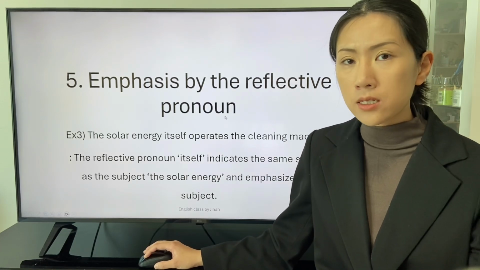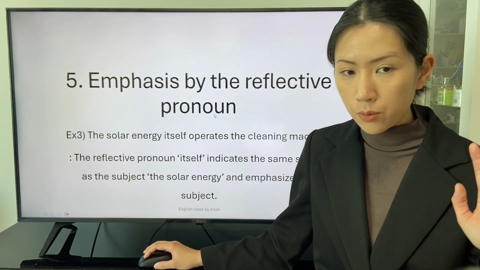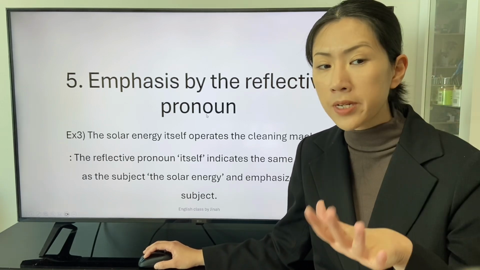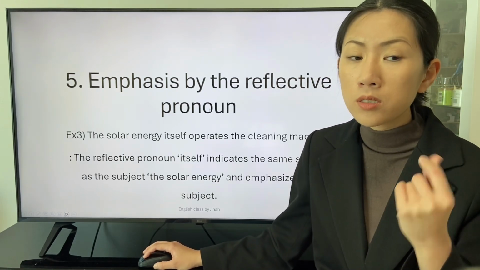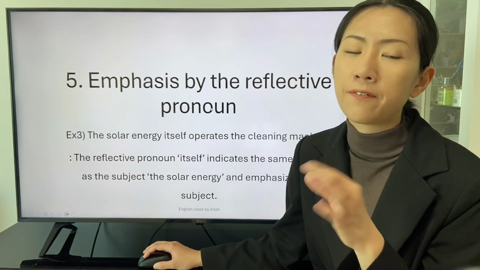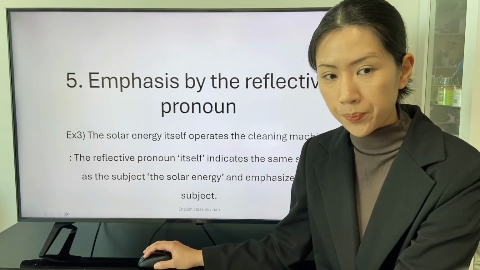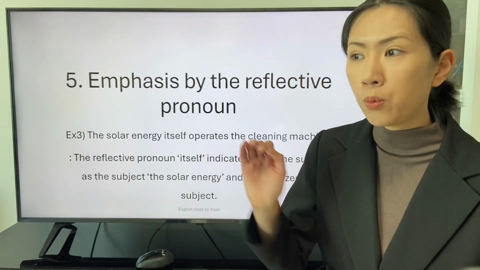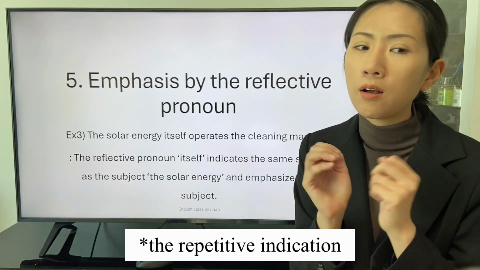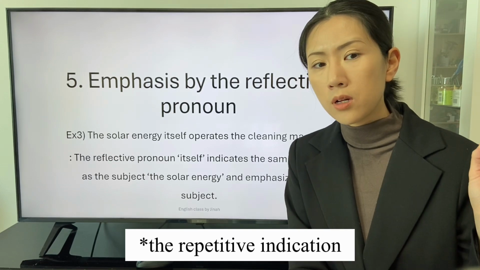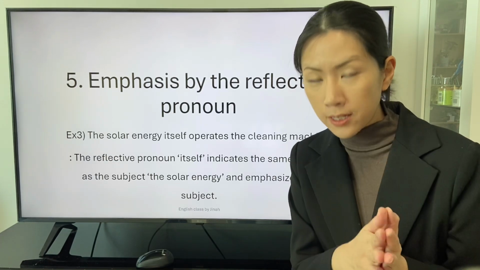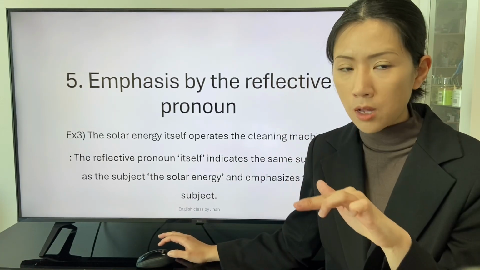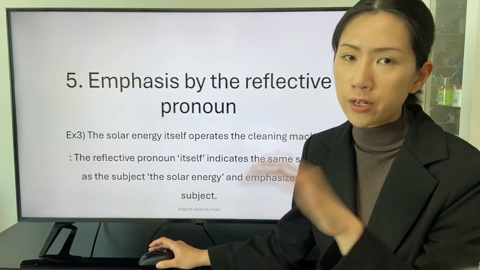We can know that the reflective pronoun itself indicates the same subject as the subject indicated by the noun phrase, the solar energy. The effect of the emphasis is revealed by the reflective pronoun itself indicating the subject, the solar energy.